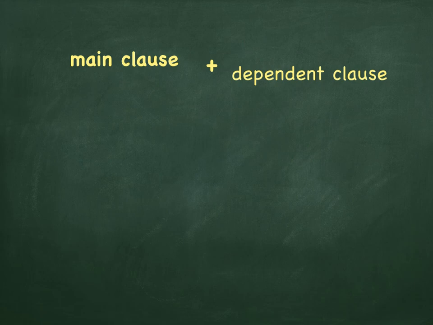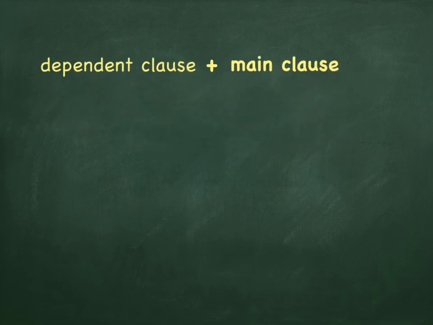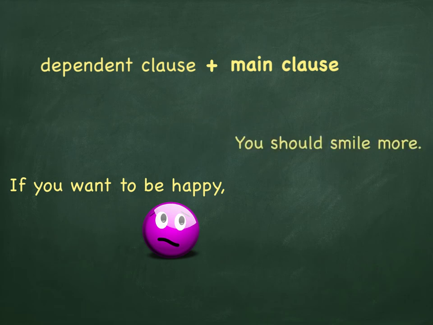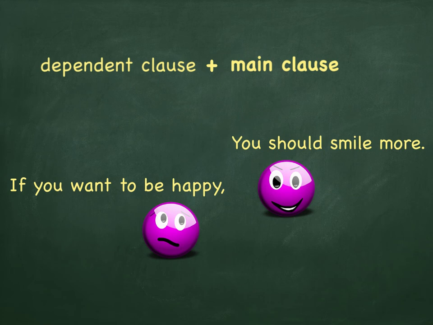In many of these sentences with a main clause and a dependent clause, the dependent clause can be first. Let's look at an example. This clause cannot be a sentence alone, but with the main clause, it's complete.